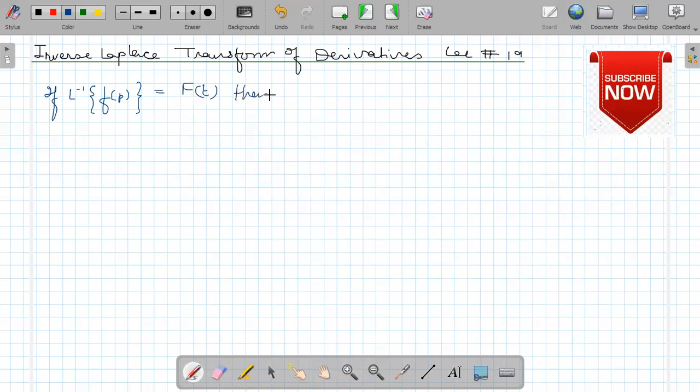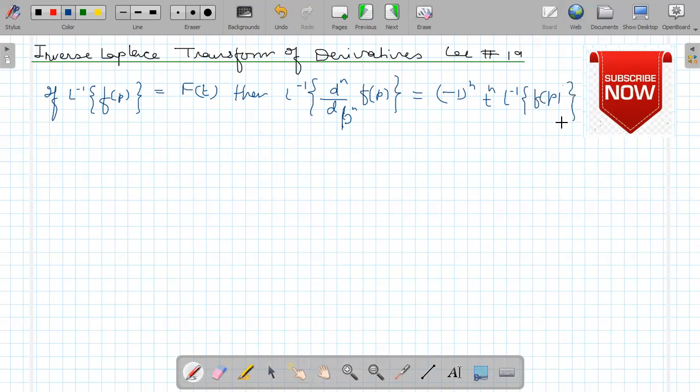Then Laplace inverse of the nth derivative of the function of p is equal to minus 1 raised to the power n, t^n into Laplace inverse of F(p).